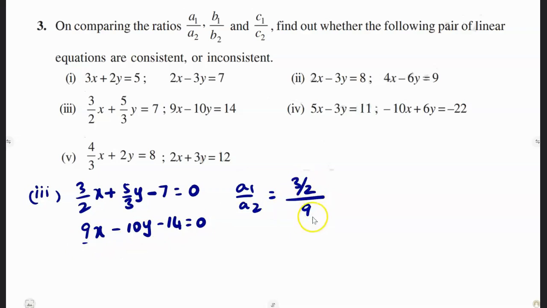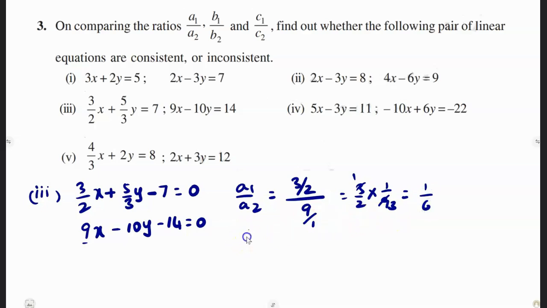Any fraction divided by a fraction, think of this 9 as 9 by 1. You can write it as 3 by 2 into the reciprocal of the second fraction, 1 by 9. So 3 ones, 3 threes. So the answer is 1 by 6.